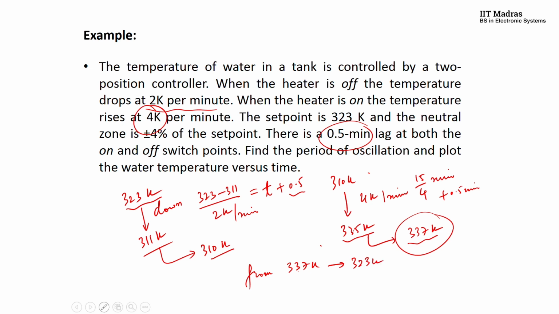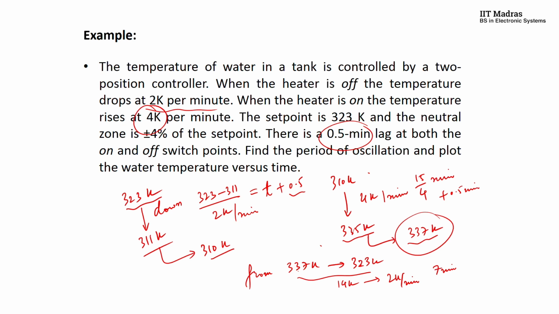What is the time it's going to take? It is going to decrease. You take this difference, which is 14 Kelvin, and the rate is 2K per minute. So 14 divided by 2 Kelvin per minute gives around 7 minutes.